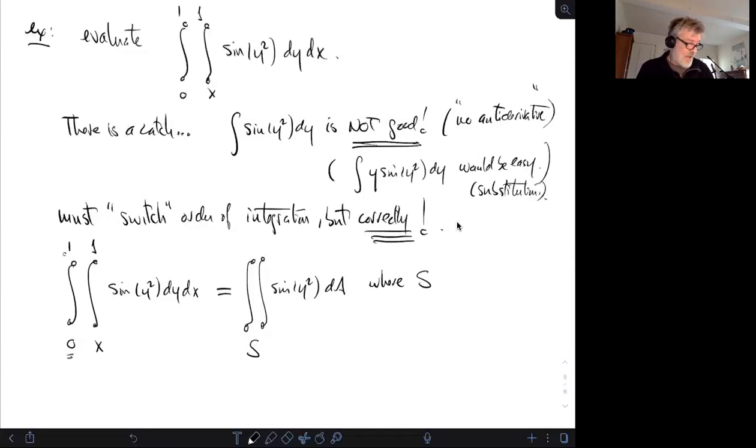These are the x values. Right? So this means that S is the following. X is between 0 and 1, right? And you look now here, the y goes from x to 1.